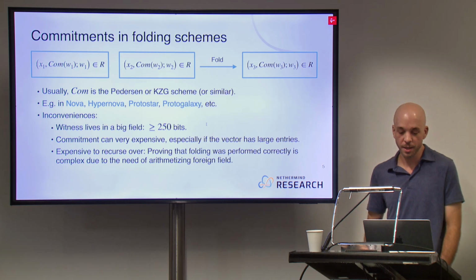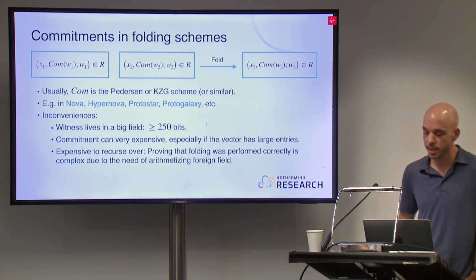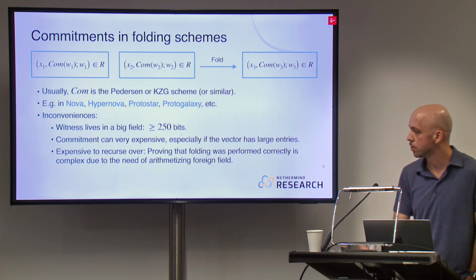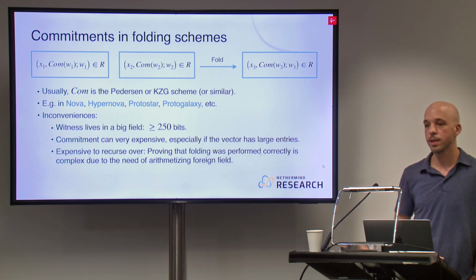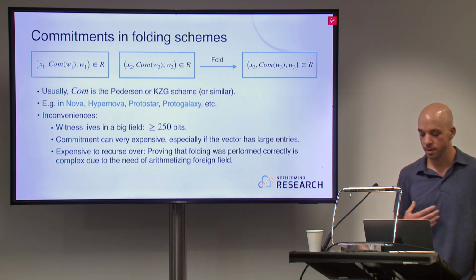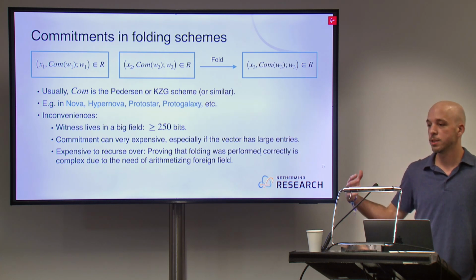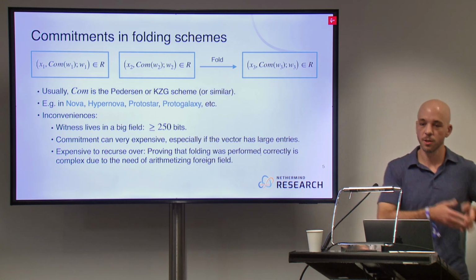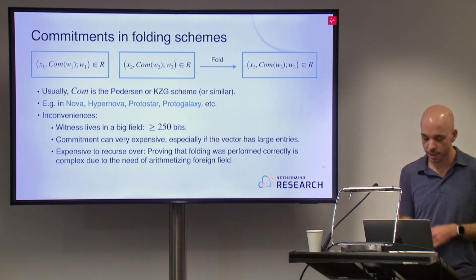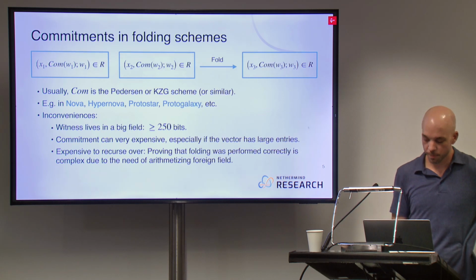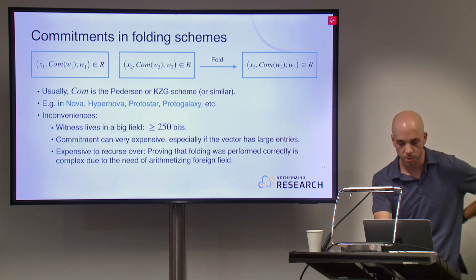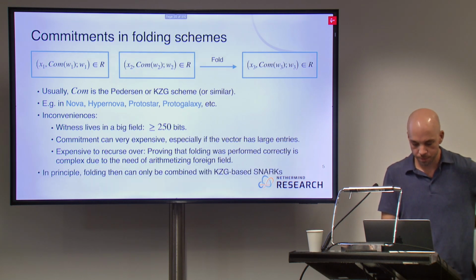It's also conceptually and computationally complicated to recurse over. It is hard to prove, for example, that a folding was done correctly, because you have to arithmetize a foreign field in your field. You have to prove that some elliptic curve operations were performed correctly. So this is an engineering headache and a computational problem also.